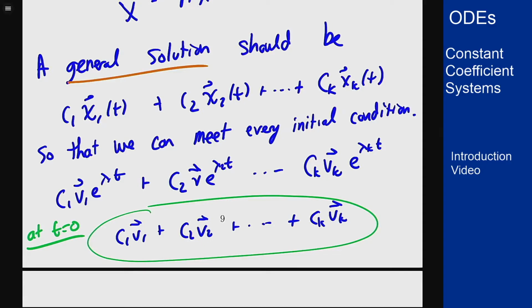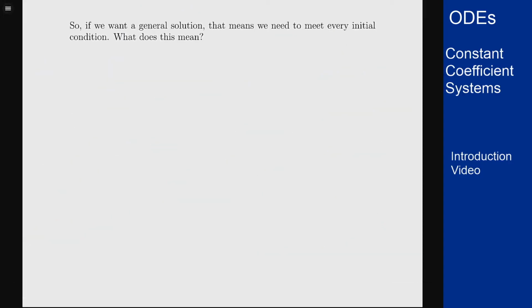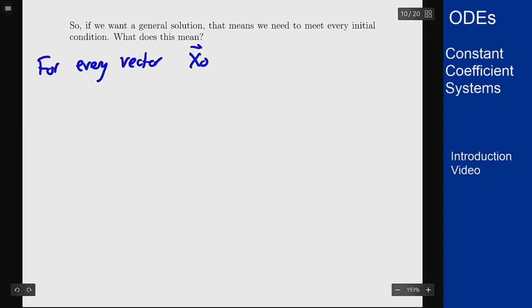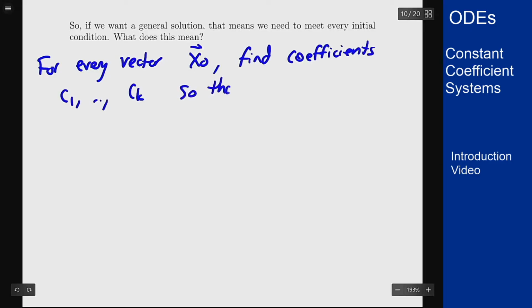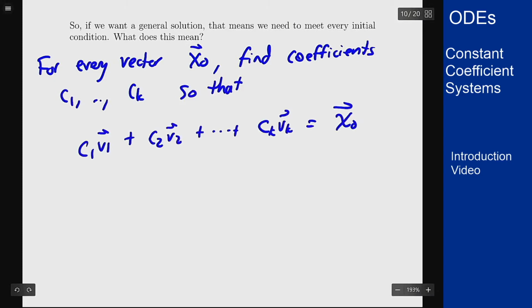We've seen these ideas before. This is a linear combination of these eigenvectors. So if I want to meet every initial condition, what does that mean? Well, that means that for every vector x0, which is my initial condition value, I want to be able to find coefficients c1 through ck so that the linear combination of these vectors gives me x0. For an n component system, x0 is a vector in Rn, an n component vector of real numbers.